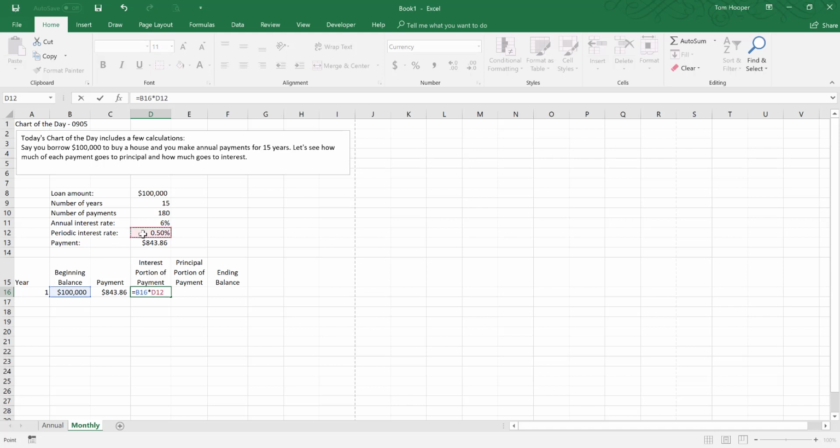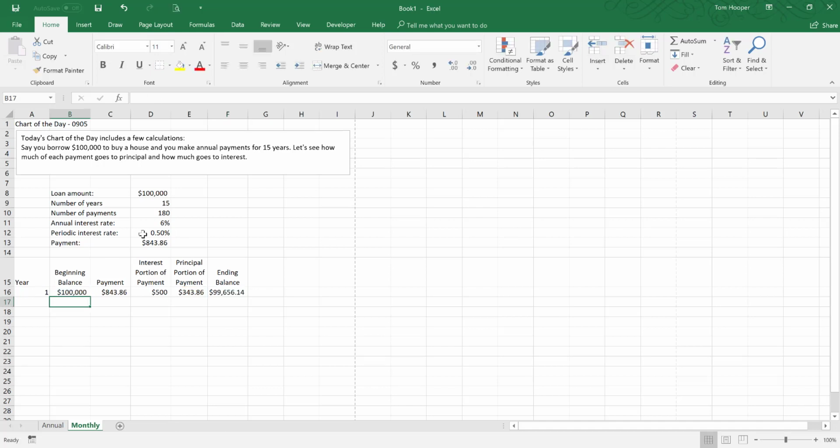We'll want to make that an absolute reference so we can copy down. The principal portion is equal to the total payment minus the amount which was interest, because whatever is not spent on interest goes to principal to pay down the balance. And so the new balance is the original balance less the amount that went to principal.